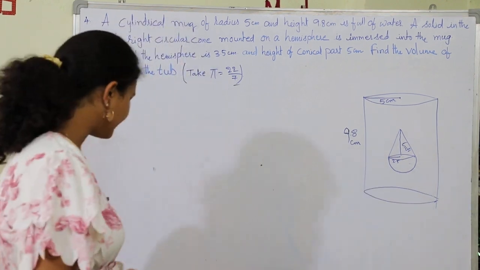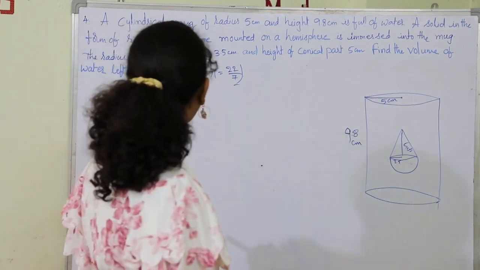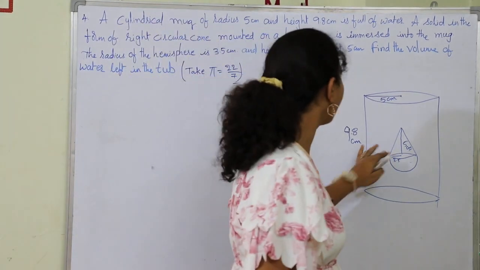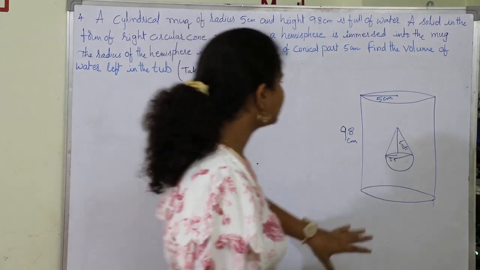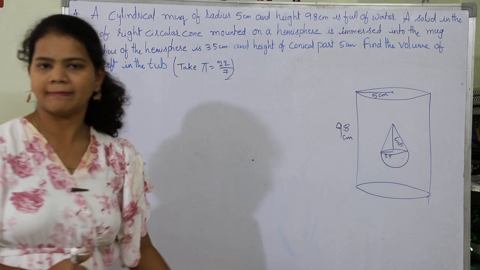Now here the question is, they have given a cylindrical tub, okay? You have a cylindrical tub and the radius of this tub is 5 centimeters and the height is 9.8 centimeters.